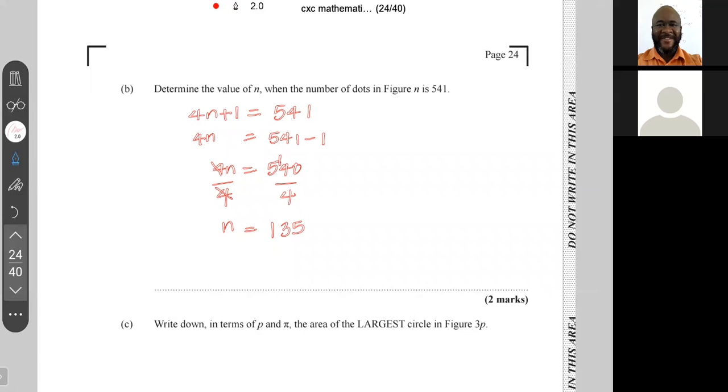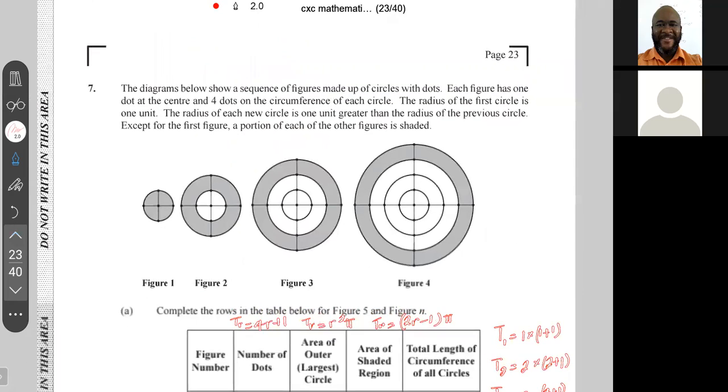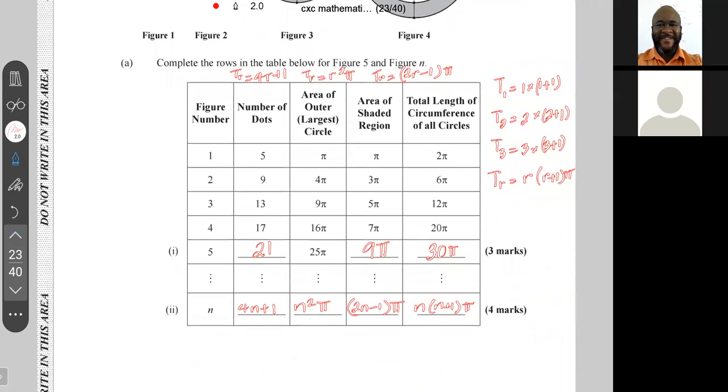Part C says, write down in terms of p and pi the area of the largest circle in figure 3p. So the figure number here is figure 3p, and you want the area of the largest outer circle.